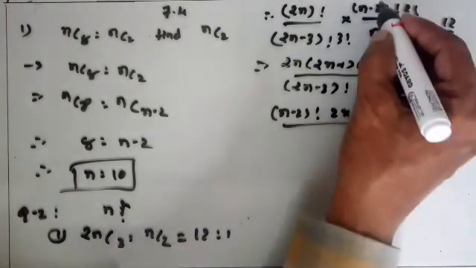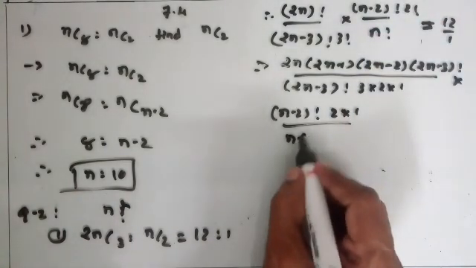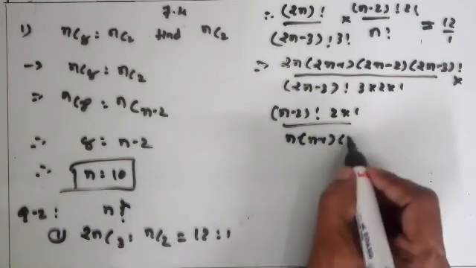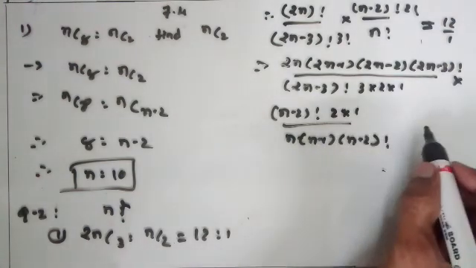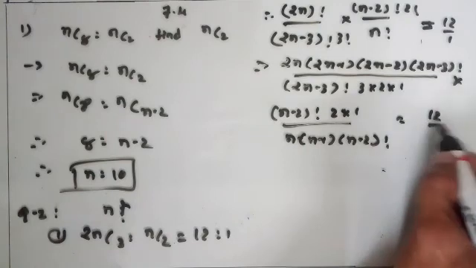Expand up to n minus 2, so n into (n minus 1) into (n minus 2) factorial is equal to 12 upon 1.